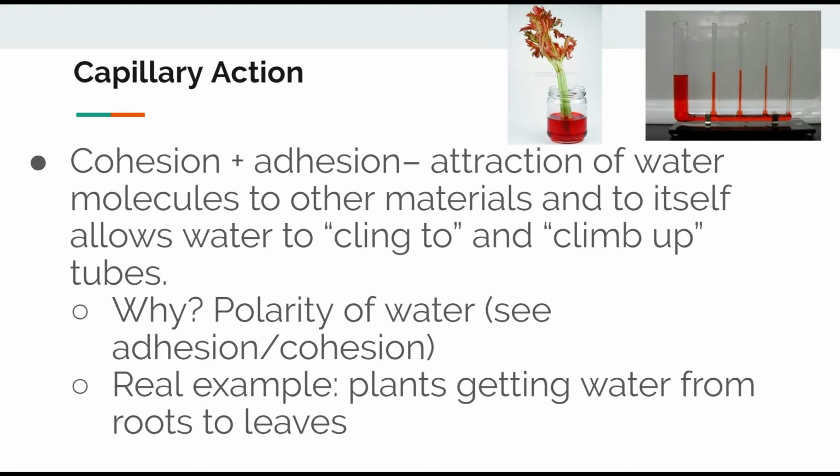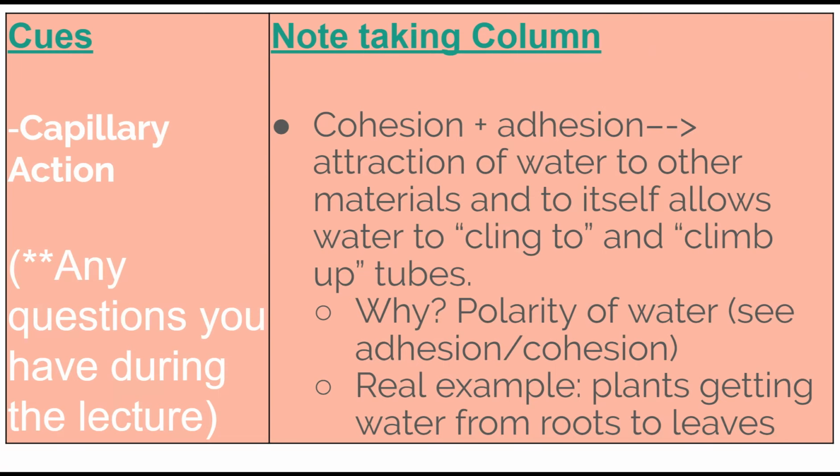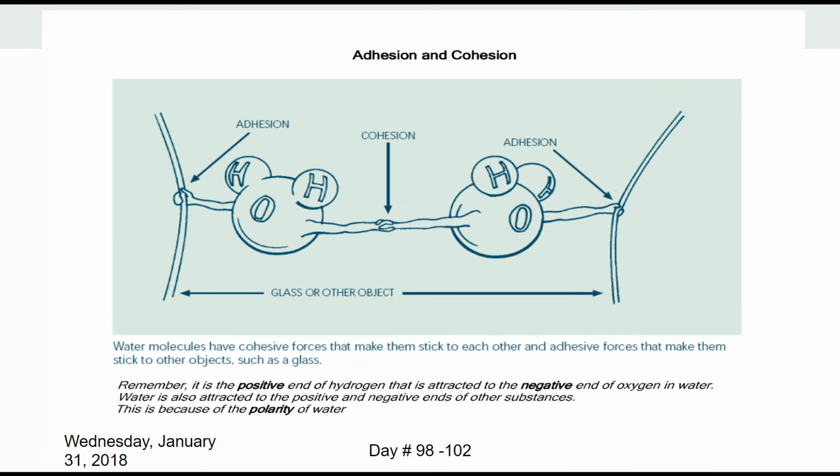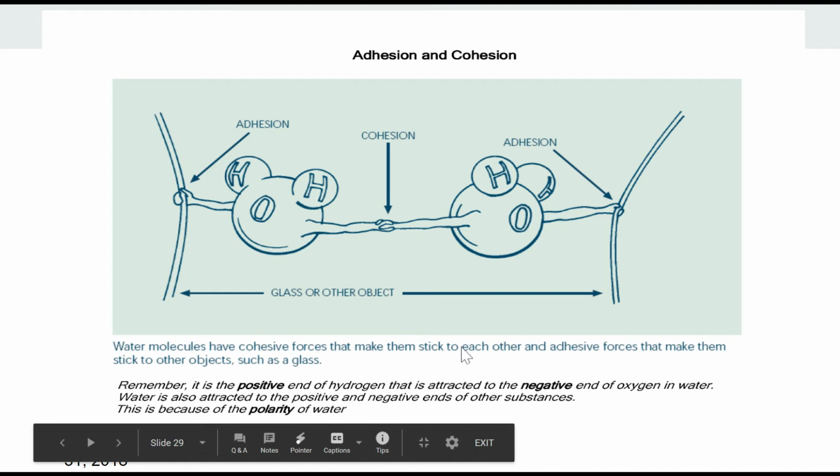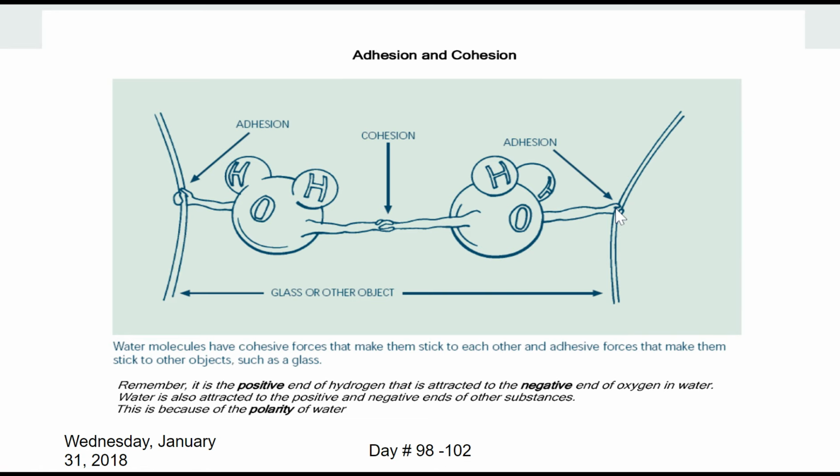As water evaporates out of the leaves, it pulls those water chains up those tubes and brings them up to the leaves. So capillary action is the combination of adhesion and cohesion. I always just liked this imagery that water molecules are literally clinging to each other and to another substance, and that's what allows them to go up a tube.